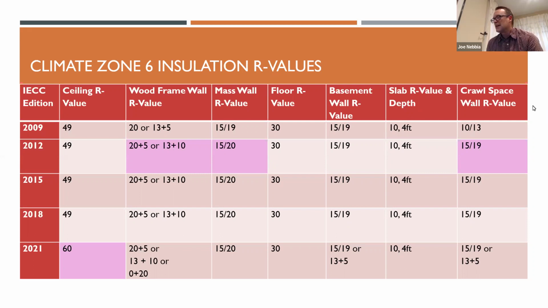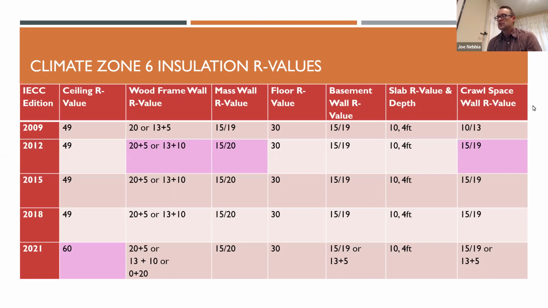Does anybody know why it's kind of weird that they have R19 cavity insulation? I know you can't respond to me, but I'm going to tell you. It's weird because R19 isn't made for a 2x6 cavity. It's like 6.25 to 6.75 inches. So it has to be compressed to get into the cavity. It's really an attic insulation.